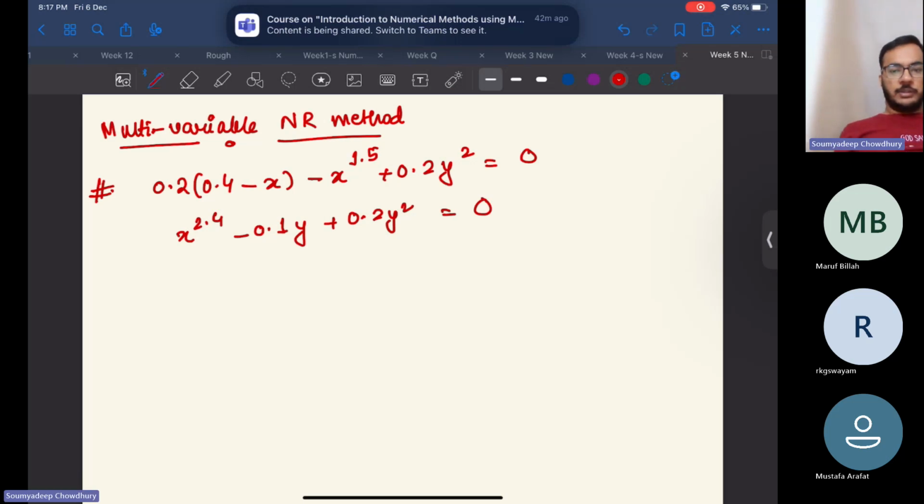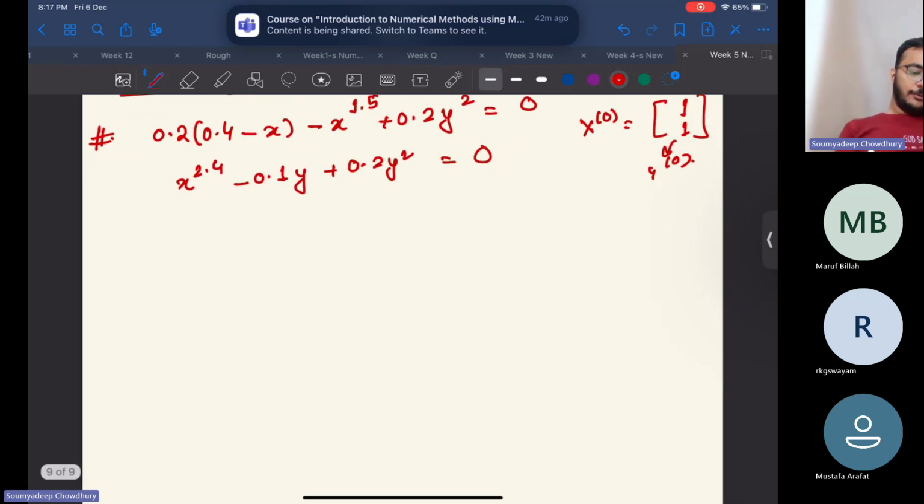So these are the two equations which are given to you, and you are given the initial solution as 1, 1. So this is the x of 0 and this is my y of 0. In this format, it will be given to you. Then you will be asked to find the solution for x and y.